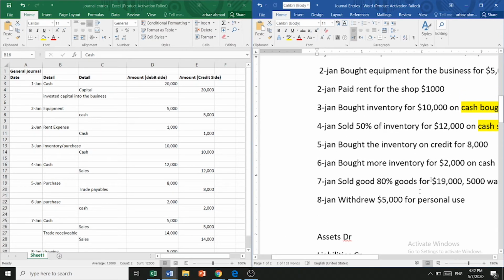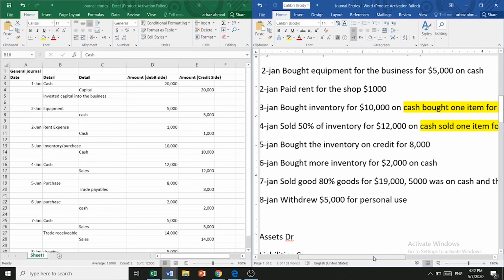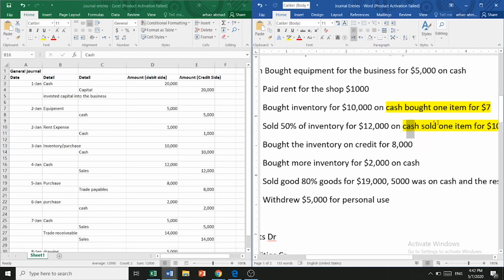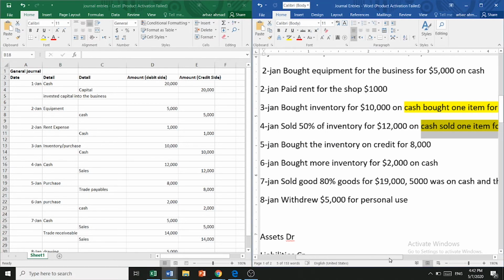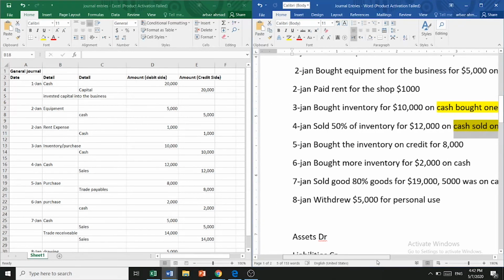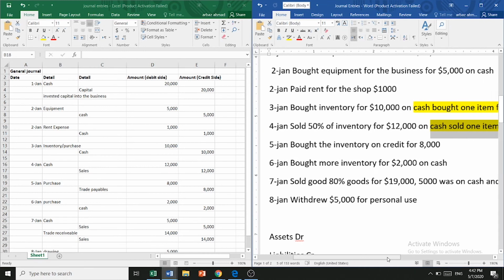The reason it is 50%, and why we have mentioned the value of each item here, is that whenever we sell goods we have to classify how much inventory is going out. Therefore we will have four transactions here, but I am not mentioning it right now because for IGCSE it is not required, it is required for a higher level.